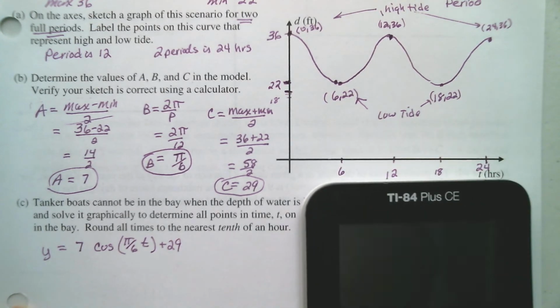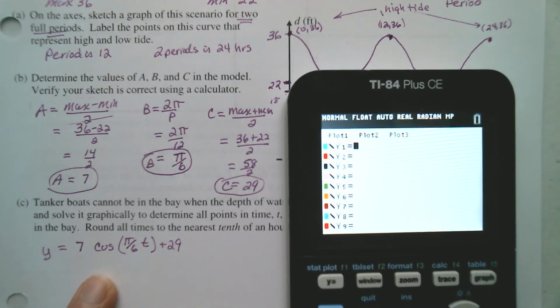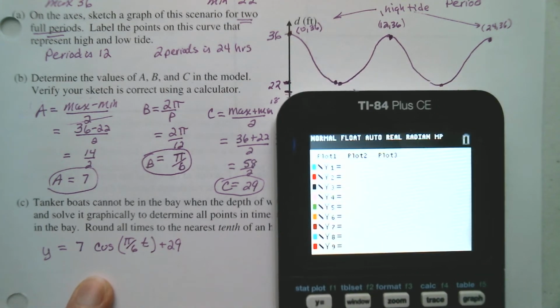So we go to y equals, keying in the equation, 7 cosine pi divided by 6 x, close parenthesis, plus 29.